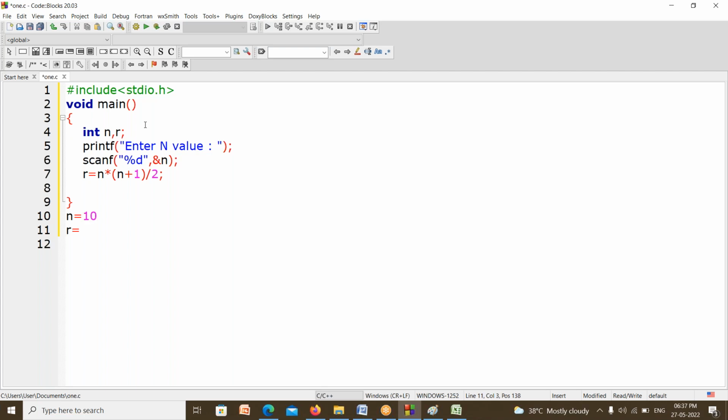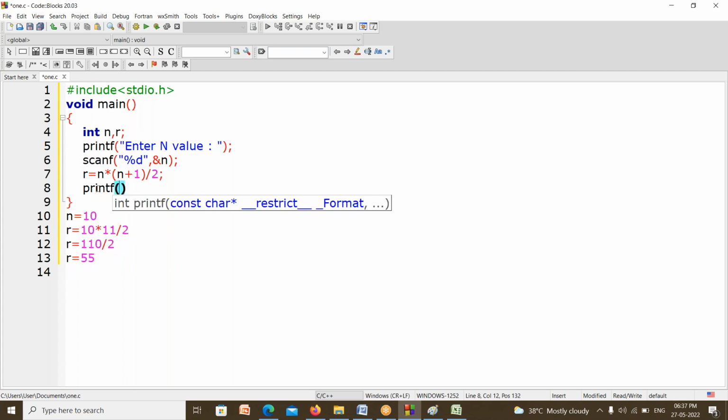Now what is the result? 10 into (10 plus 1), equal to 11, by 2. Or 10 into 11, how much? 110 by 2. Now r equals how much? 55. The sum of 1 to 10 natural numbers is 55. Now print the sum of n natural numbers: sum equal to %d, comma r.